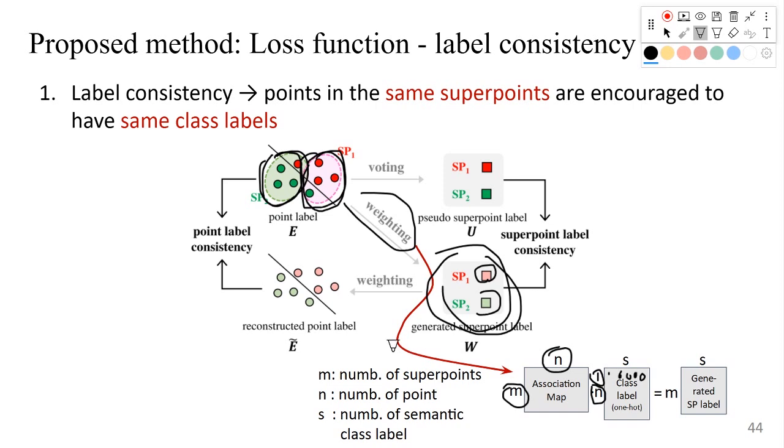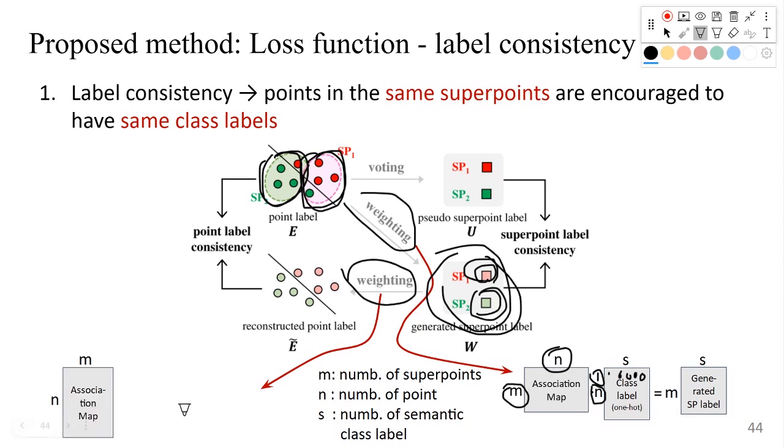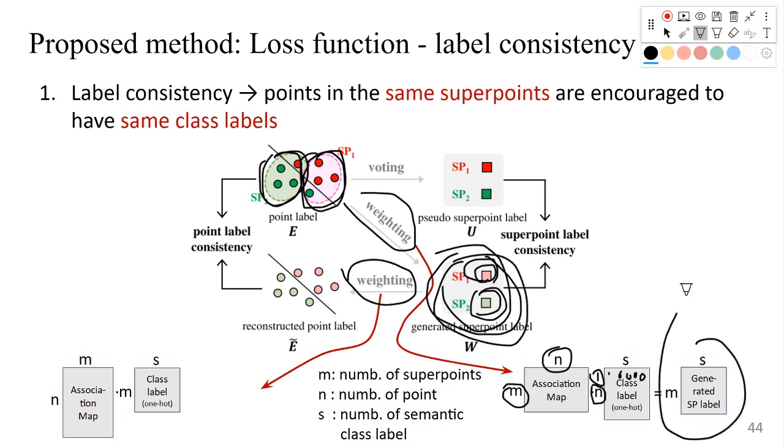And then in the other direction, we want to reconstruct from the superpoint-level label back into every point-wise label, also using weighting values from this association map. In this case, we transpose m by n to n by m and multiply it here.